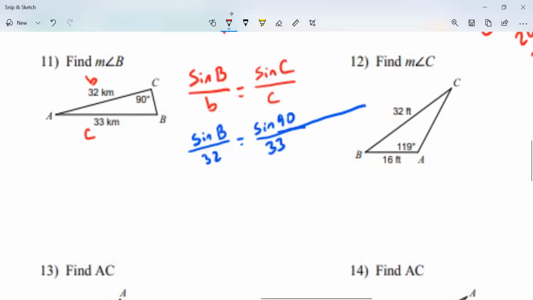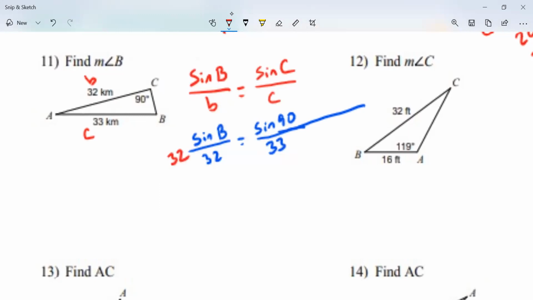Let me multiply both sides by 32 because I want to get rid of the fraction on the left. So multiply by 32. So here, let me multiply this by 32 as well. So I get that sine of B is equal to sine of 90 times 32 divided by 33. Let me grab my calculator for that.